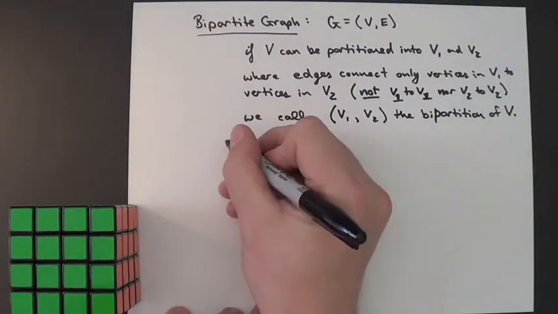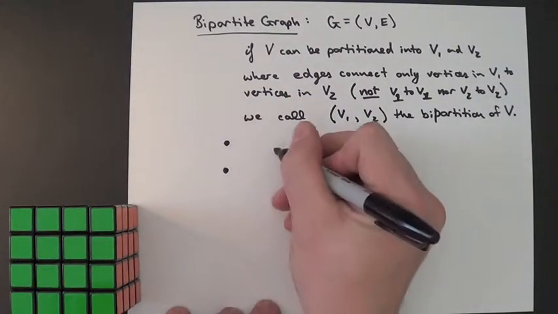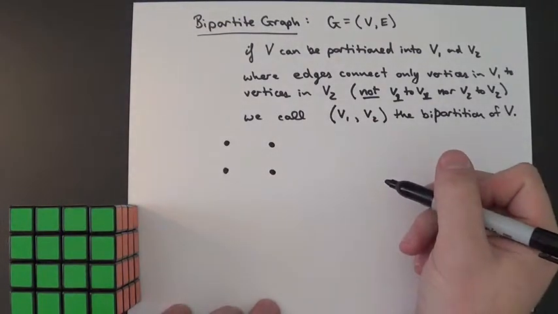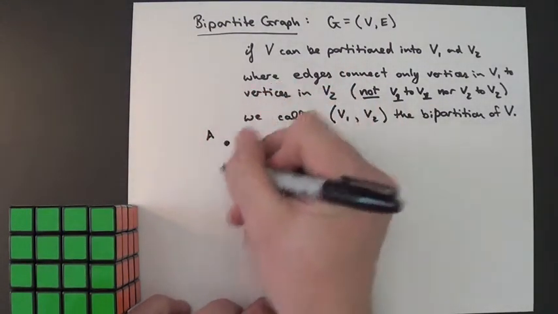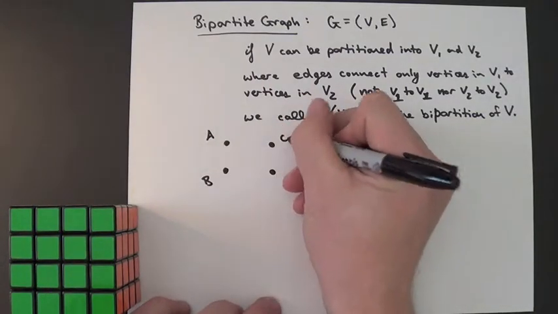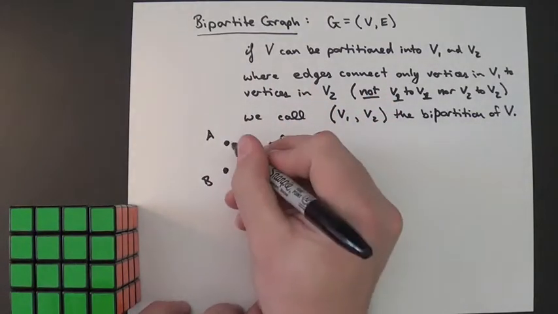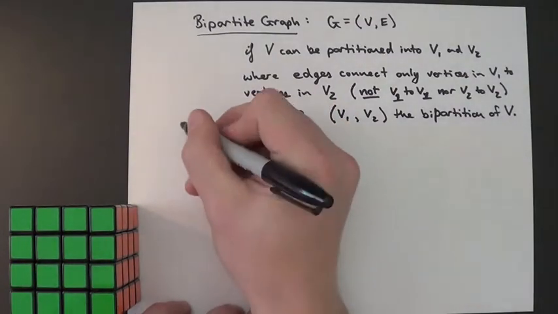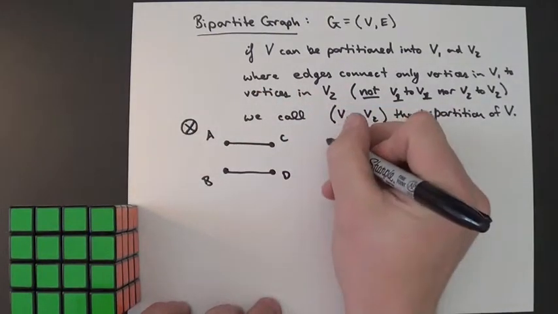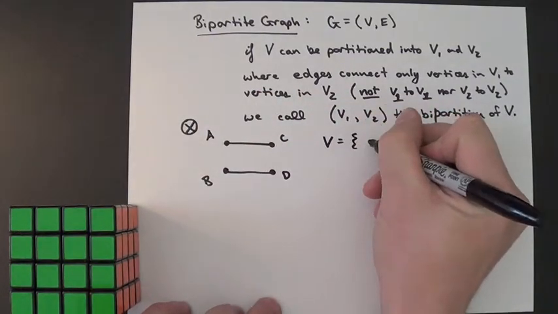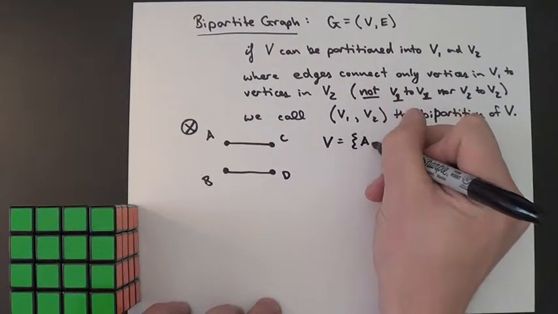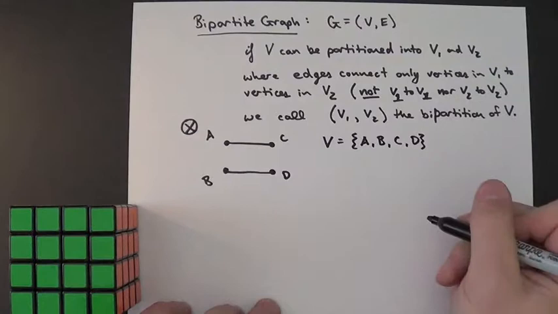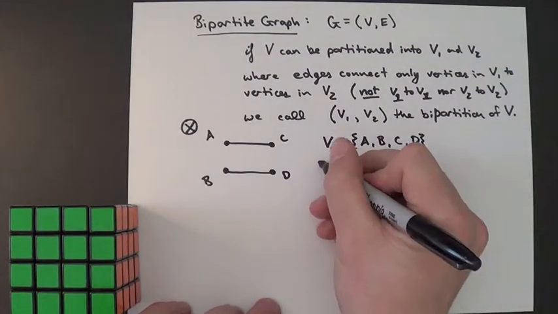Okay, so an example of a bipartite graph would be something simple like this. This is an example of a bipartite graph, because if V equals A, B, C, and D, the set containing those vertices, then I could partition it.